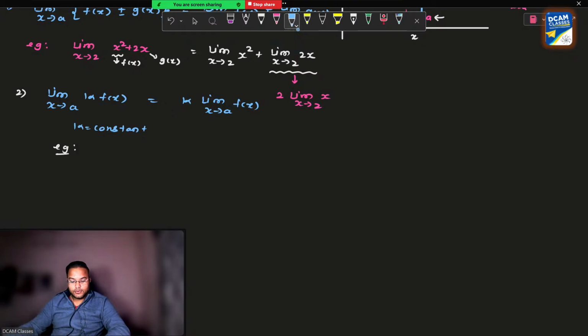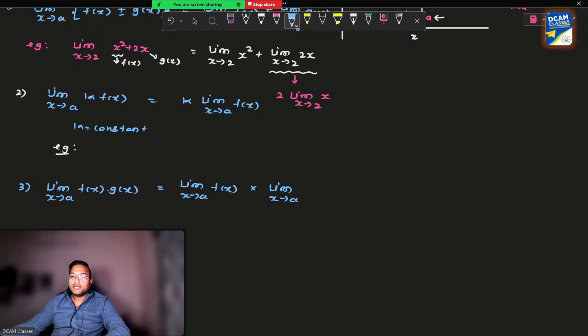Okay, now come to the third one. Limit x tending to a, suppose I have two different functions which are multiplied to each other. In that case, I apply limit x tending to a of f of x into limit x tending to a of g of x.